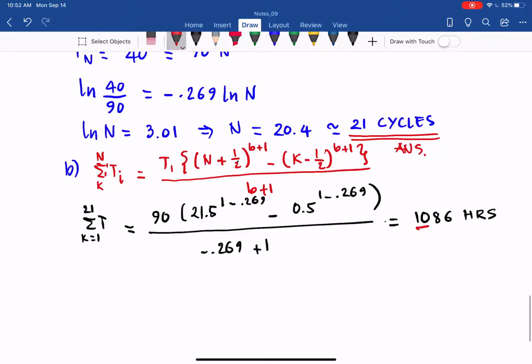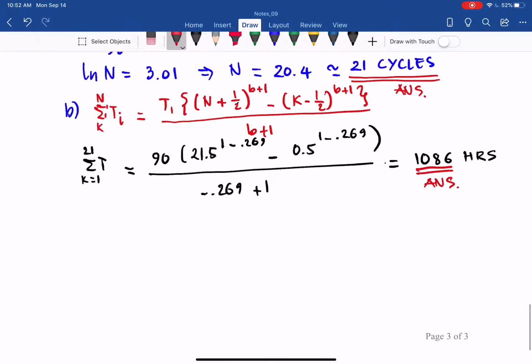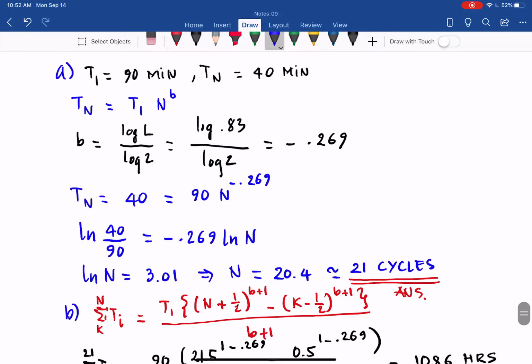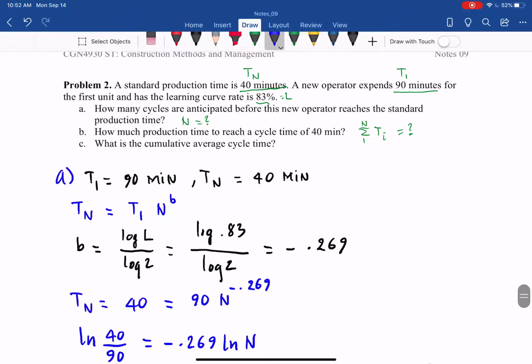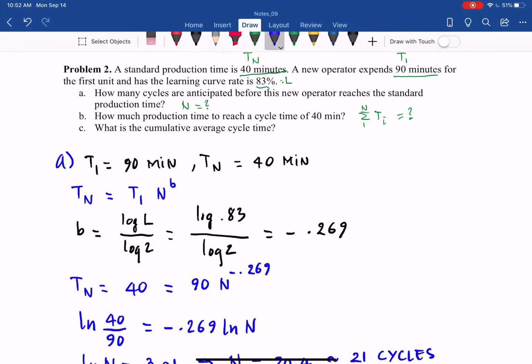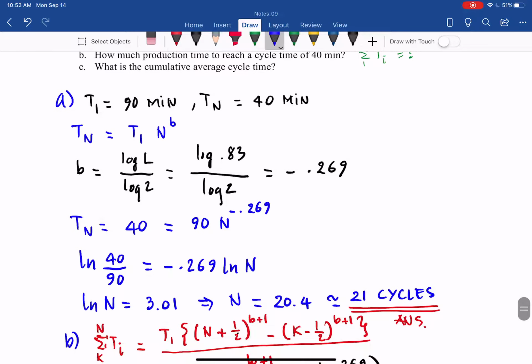What does that mean? To finish the first 21 units we need 1086 hours. And see, it becomes easy. What is the cumulative average cycle time? It means on average for the first 21 units, what is the average cycle time? Cycle time means one repetition, the time to finish one product.